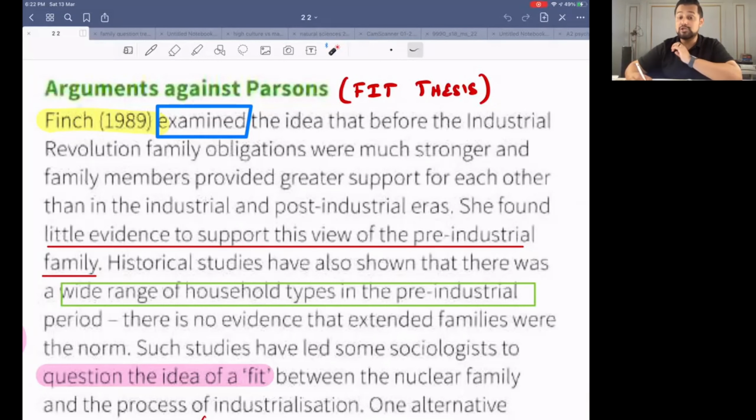In other words, she does not buy the idea of the fit thesis. She doesn't agree because she found very little evidence that there was a lot of support from the wider extended family, that there was more of a family obligation to be there for your extended kinship network, right?